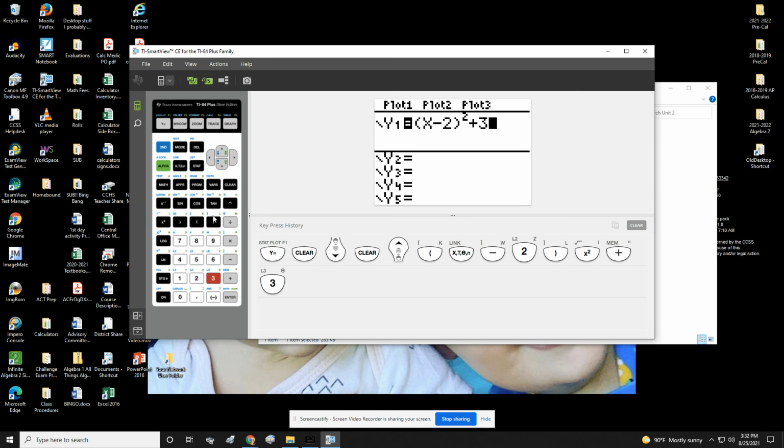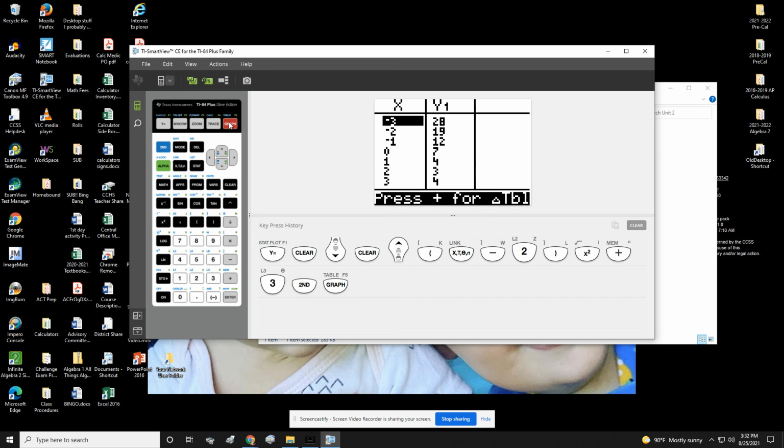And then I actually want to go to the table. All right, and we already said that our vertex was 2, negative 3. So what I'm going to do is scroll down until I can put that 2, negative 3 right there in the middle of my table.